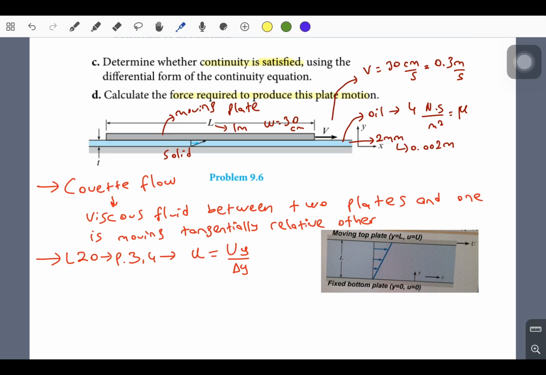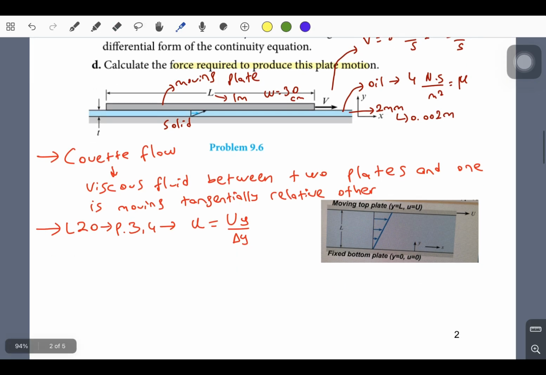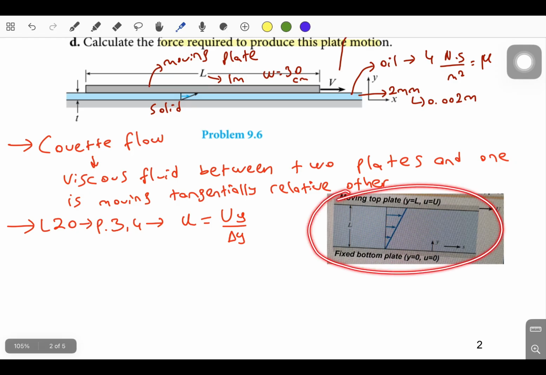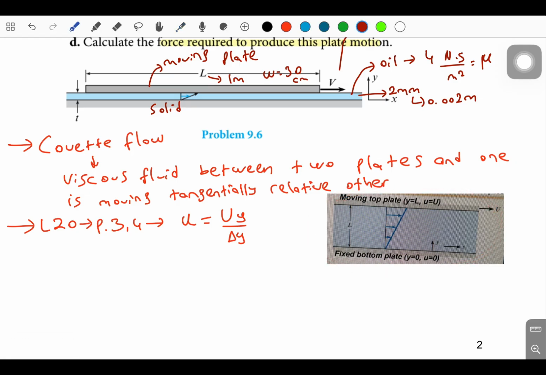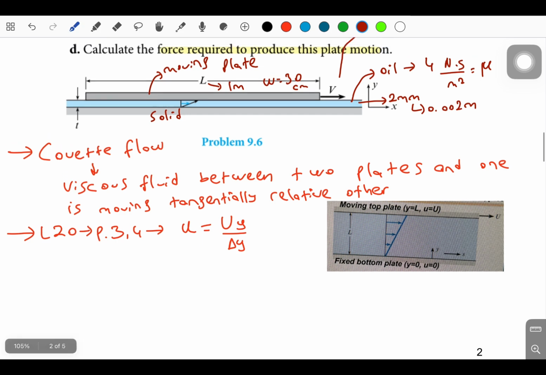So in other words, we can say the velocity profile changes linearly with y. In your lectures, lecture 20, on pages 3 and 4, you will see that figure. It is actually representing Couette flow, and it also gives that relation in the slides.